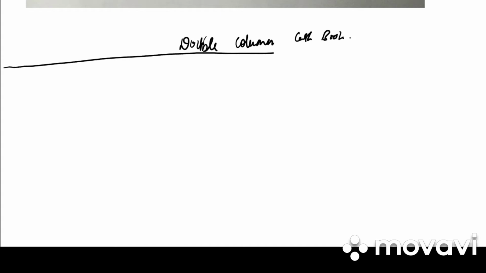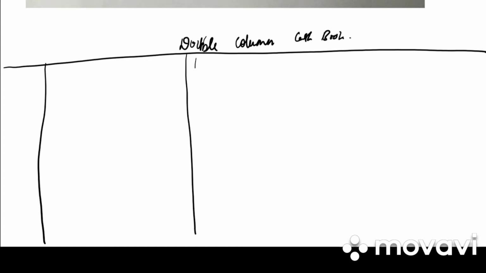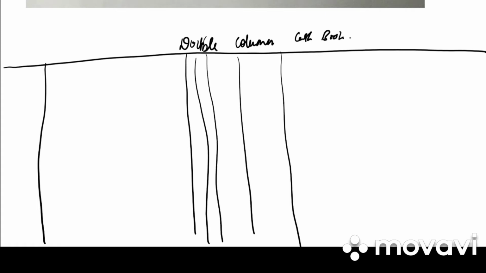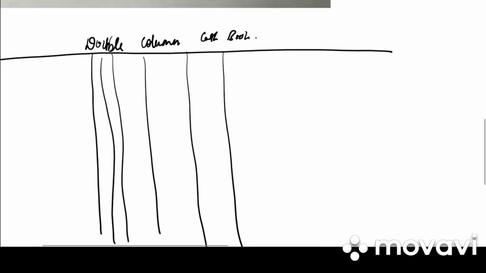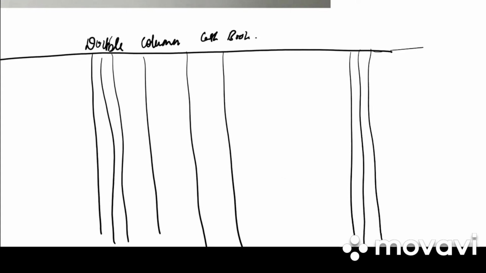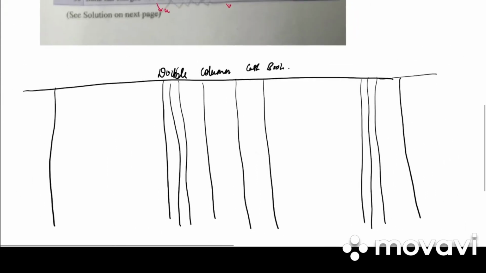So let us work out the problem. Write down: double column cash book. We have date, receipts, voucher number, LF, cash, bank, date, payments, voucher number, LF, cash and bank.